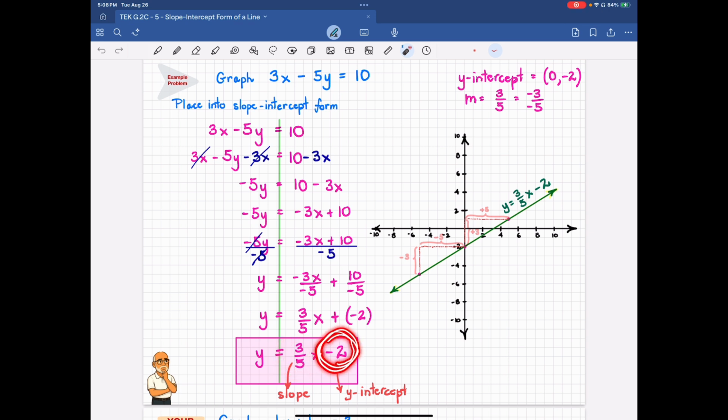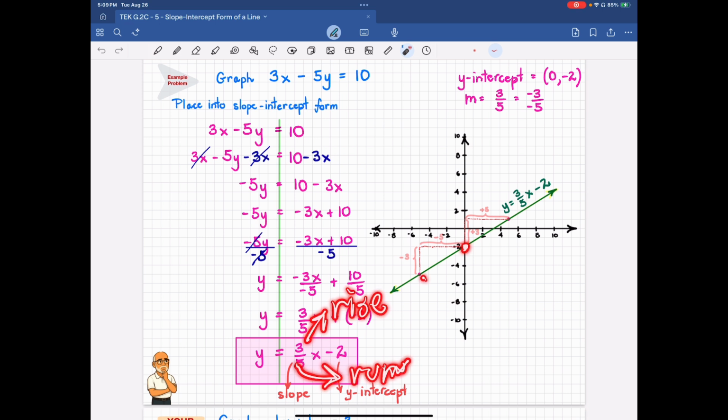Now, what this says is this is where it crosses the y-axis. So when I graph it, I'm going to put a dot. I'm going to come over here to my graph. I'm going to put a point on my negative 2 on the y-axis. And then what I'm going to do is I'm going to take my slope, which is 3/5. This 3 right here is my rise, and this 5 right here is my run.